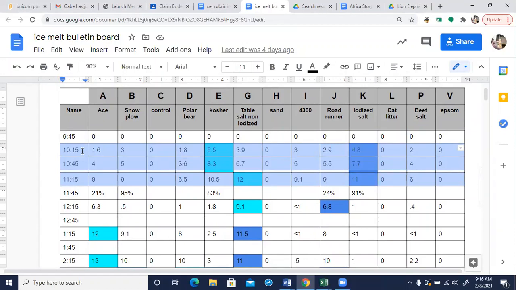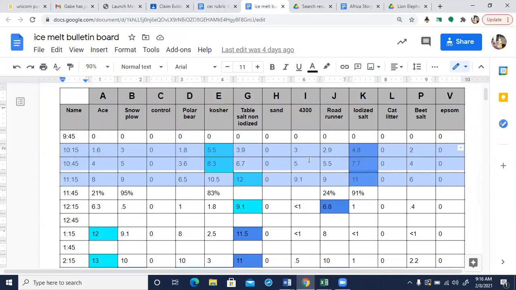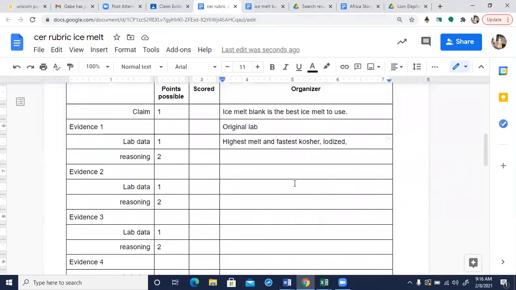Okay, and we'll write down three of them. Kosher, iodized, and 4,300. How about non-iodized? It was a 12. Oh, okay. I didn't see that. I mean, we can put 4,300 down too. It got fourth.